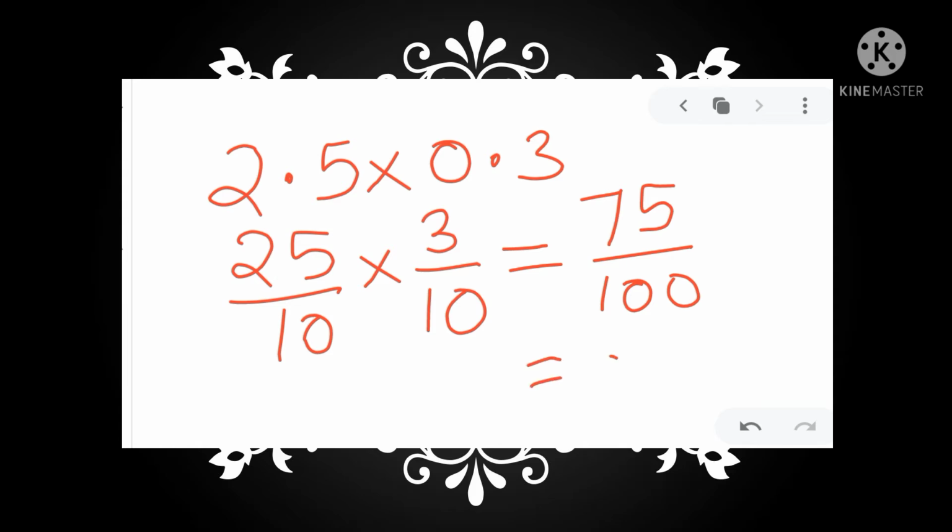That is 0.75. And also we can multiply 25 and 3. What is 25 into 3? That is 75. Then 2.5 contains 1 decimal place and 0.3 contains 1 decimal place. So the answer should contain 2 decimal places.